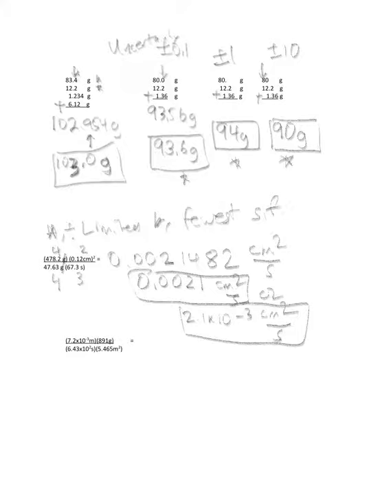The last problem, multiplication division once again. 7.2 times 10 to the minus third, so I'm on it. In my calculator, I'm going to put 7.2 exponent, change sign 3, times 891, divided by 6.43 exponent 2, divided by 5.465, and that will give me 1.